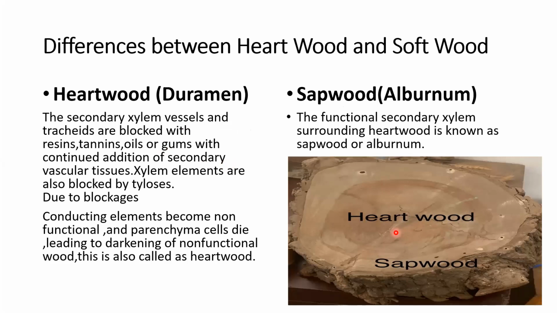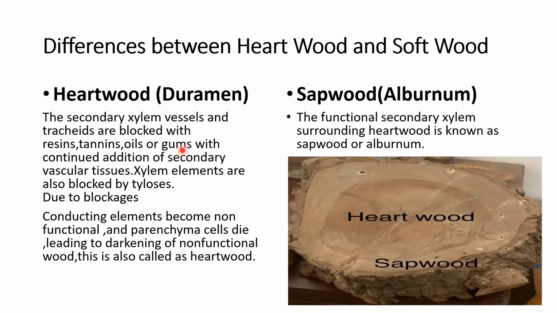Old secondary xylem and old secondary phloem will become crushed, and old secondary xylem will be blocked by extractives or excretory products of the plant, that is, with the help of resin, tannins, oils, or gums. Because of the blockage of the tracheids and vessels with these substances, this will become dark in color.